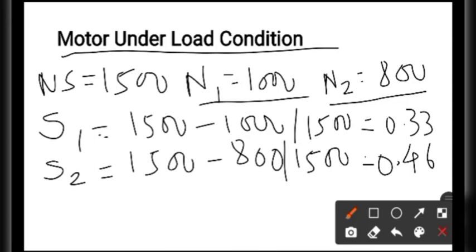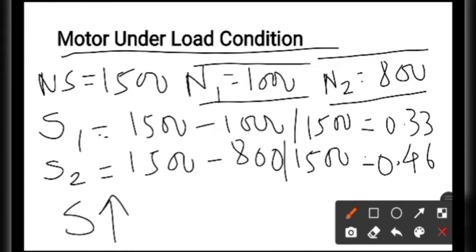So here you can observe that when we increase the load on the induction motor, the initial speed of the induction motor is 1000 rpm. When we increase the load, speed is reduced to 800 rpm. The next effect is that the slip of the induction motor increases, and the difference between Ns and N also increases.